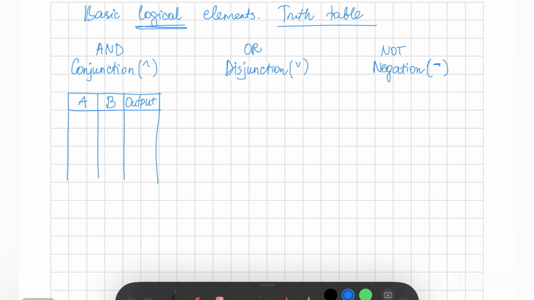If we have two inputs, all the possible variants will be 4. How do we calculate how many possible variants we have? Here we have two inputs, then we write 2 to the power of 2. So we have 4 variants.